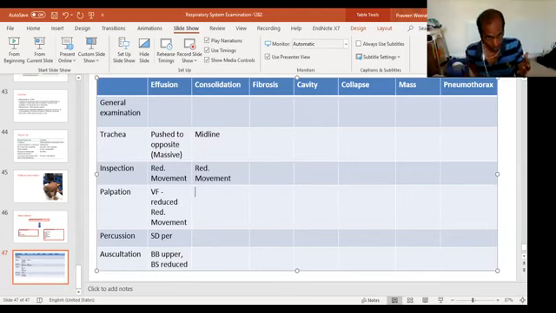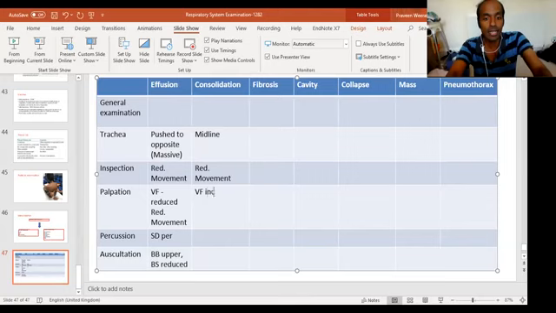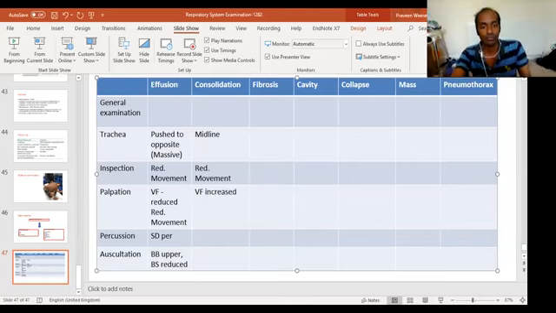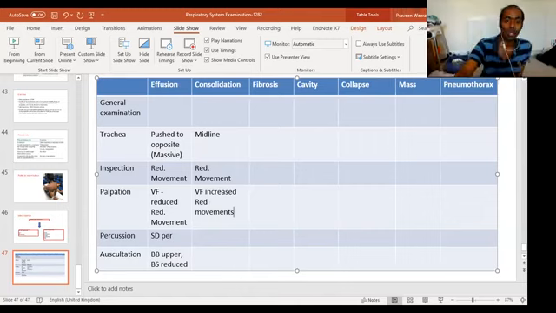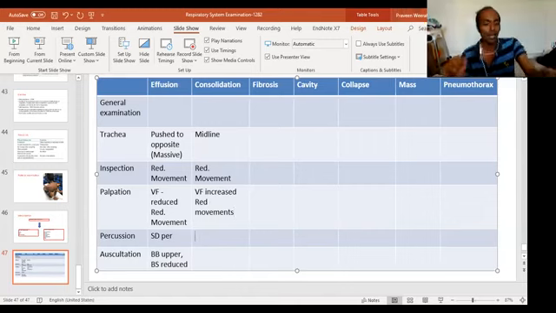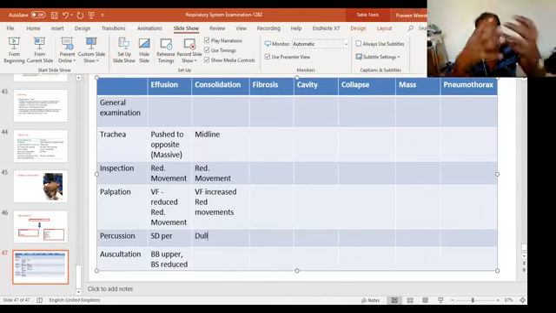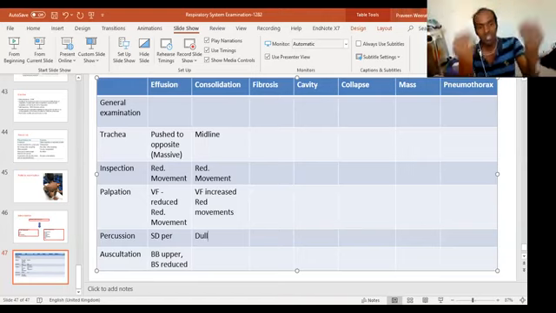It's like the liver. Remember, if it's a solid, it transmits vibrations better. So vocal fremitus is increased. And obviously, movements are reduced. Percussion is dull. It's not stony dull. It is dull because there's fluid in the alveoli.